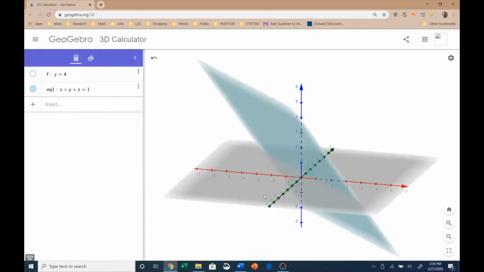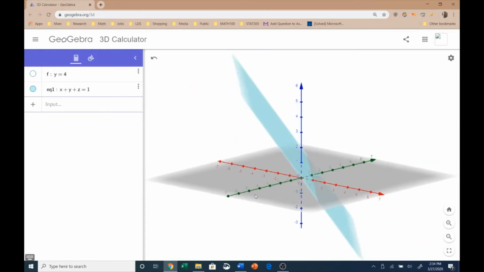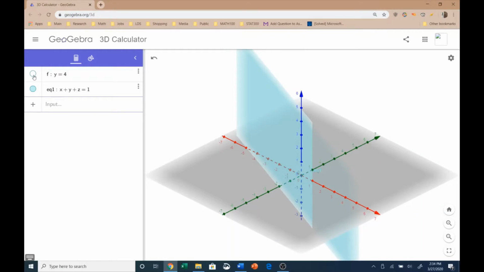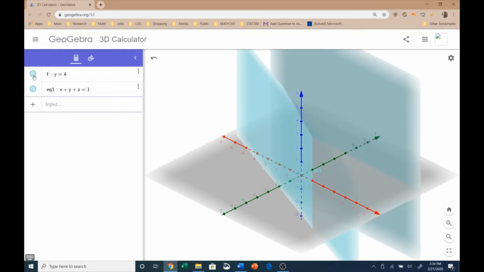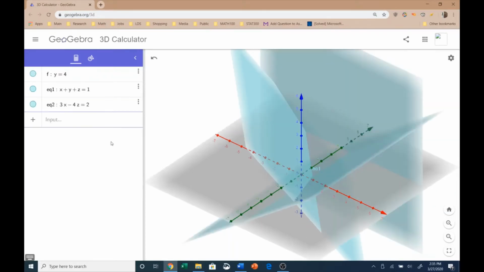Now the plane x plus y plus z equals 1 is a little bit different than our first plane. And this last equation, 3x minus 4z equals 2, also defines a plane.